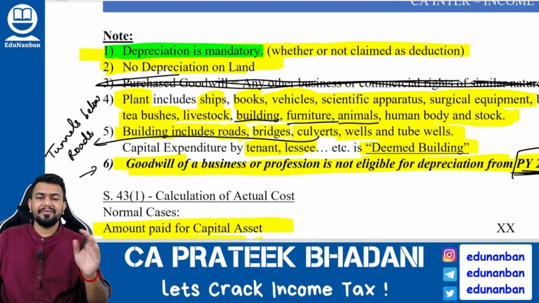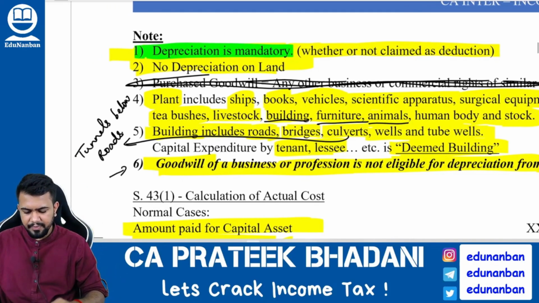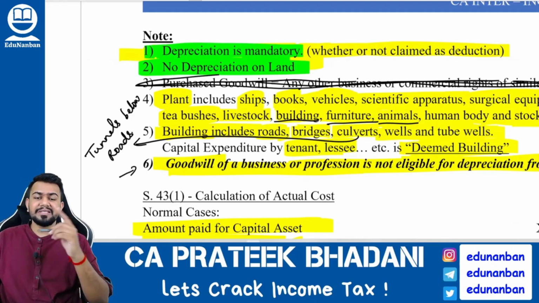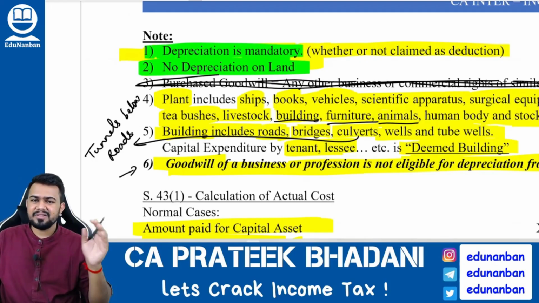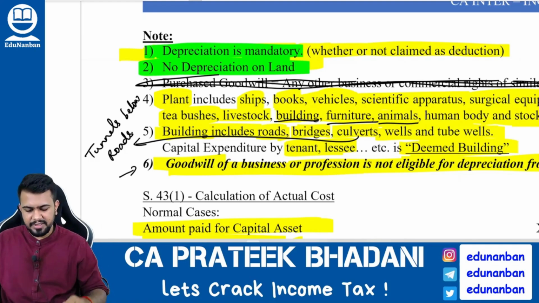I told you that while calculating presumptive income, we do not get the benefit of depreciation deduction because all the deductions are deemed to be allowed. Then in such case, should we reduce the value of fixed asset? Answer is yes. Okay. Next, no depreciation is given on land and no depreciation is given on goodwill of business or profession, because both are considered to be appreciating and not depreciating.